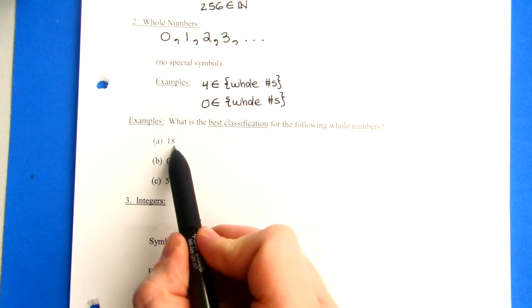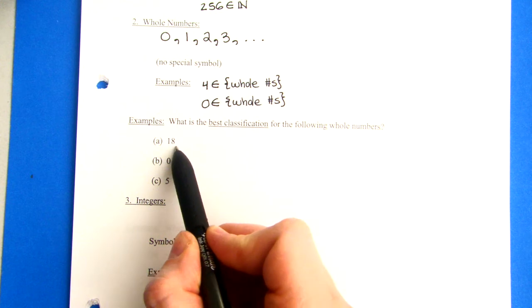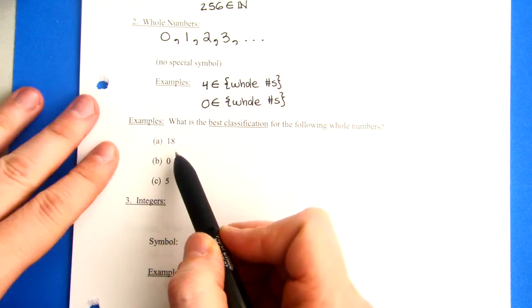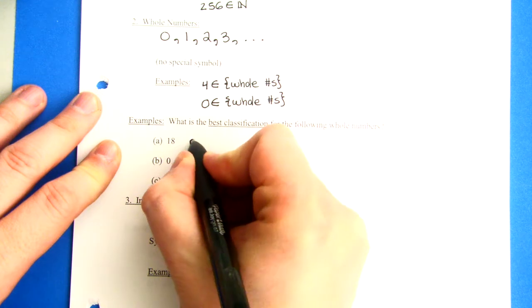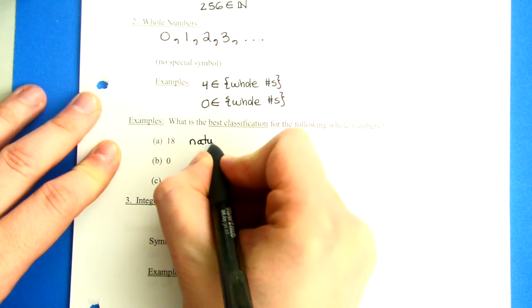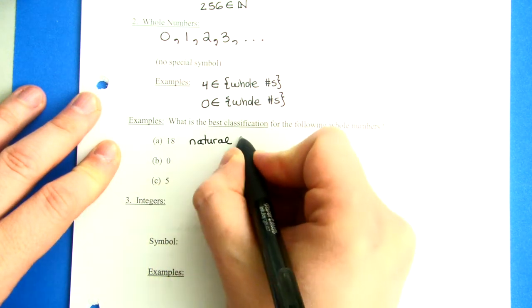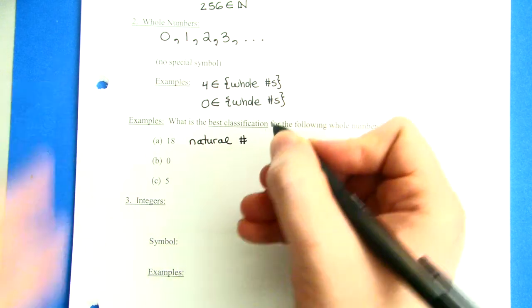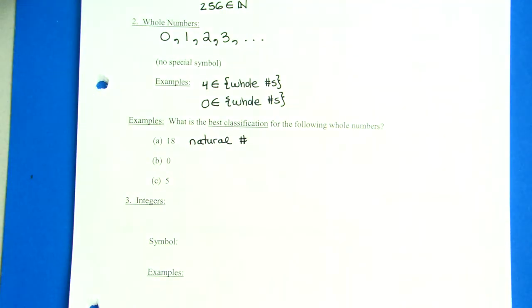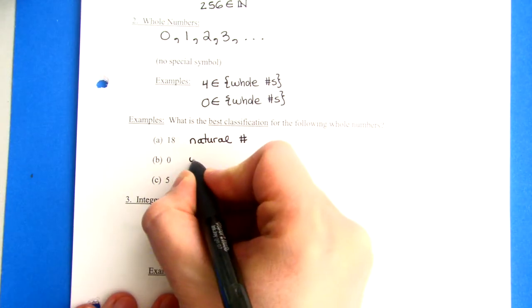For example, 18 is a whole number, but the best classification, the best name we can give it is natural number, because natural number is the smallest classification that it belongs to. I'm going to label 18 as a natural number. 0, well, is 0 a natural number? No, it's not. Whole number is the best classification for 0.